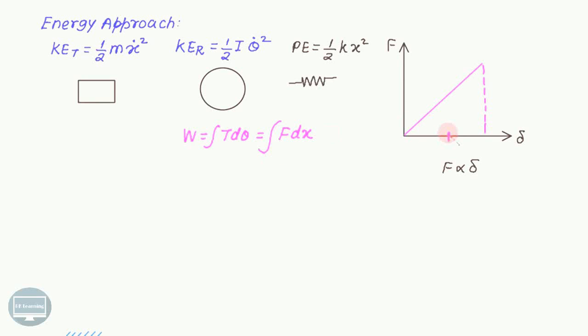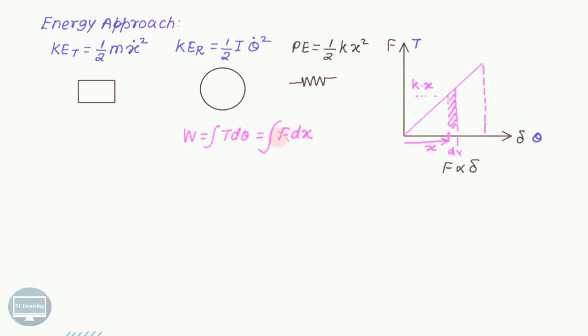So at any distance x, your corresponding force is this force, which equals k times x, and this displacement is dx. So the area under the force versus displacement diagram represents work done, exactly similar to the torque versus theta diagram.